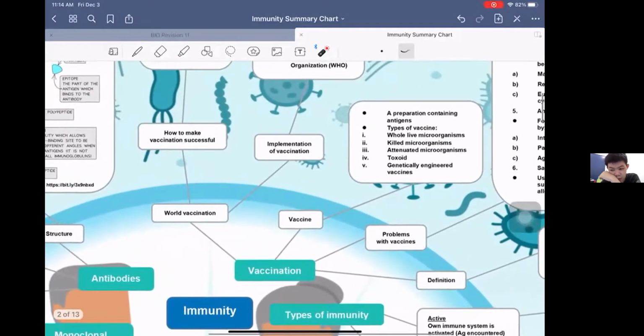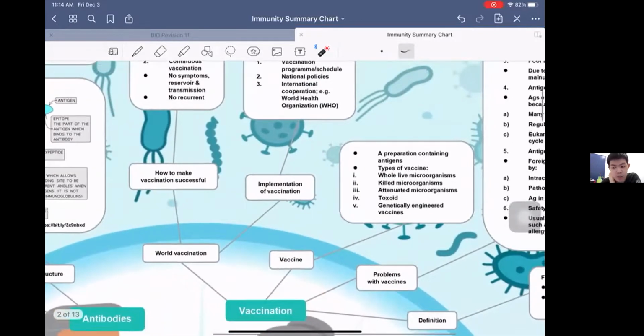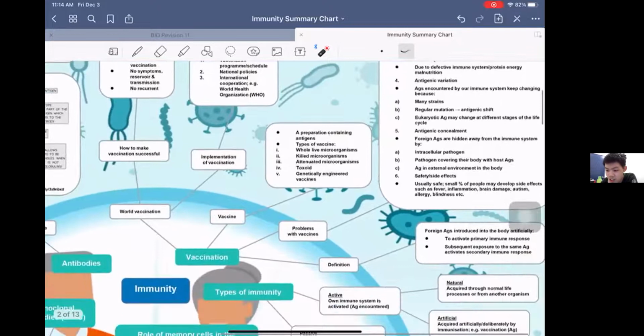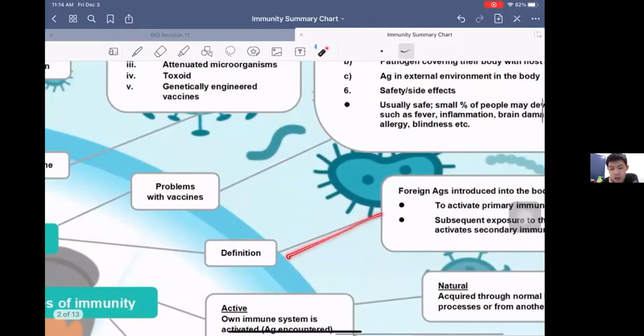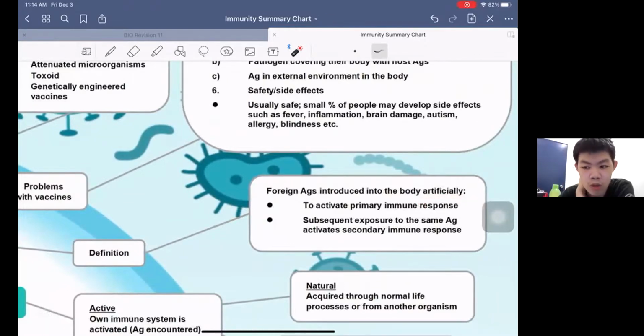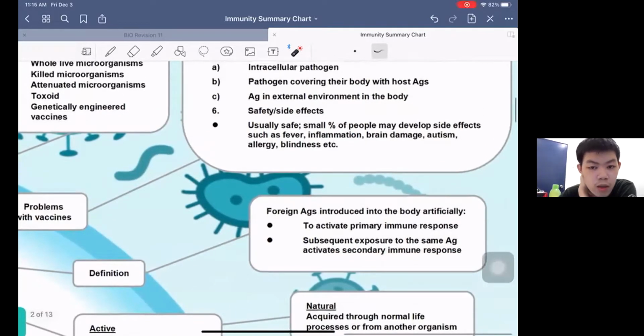Starting off with the definition below there. The foreign antigen is introduced into the body artificially to activate a primary immune response. And in case there's a subsequent exposure to the same antigen, it can activate a secondary immune response to produce antibodies rapidly.